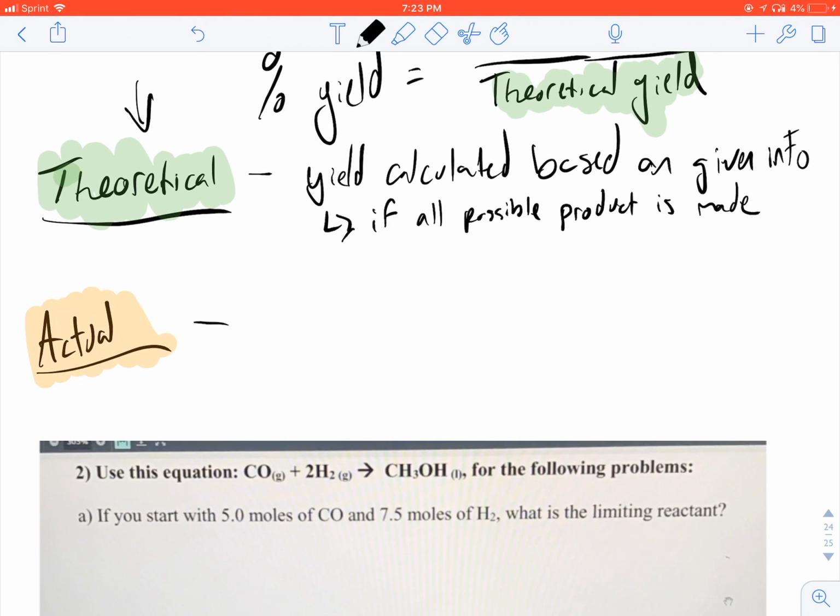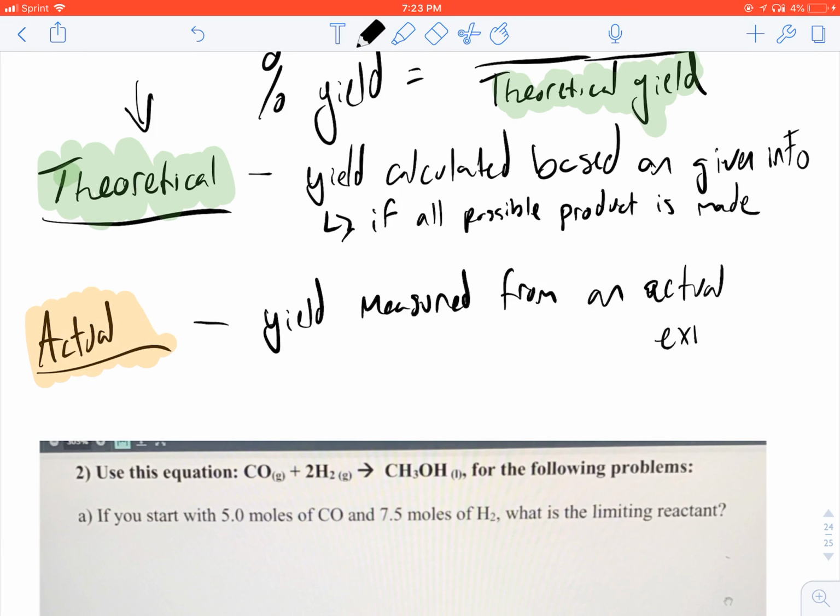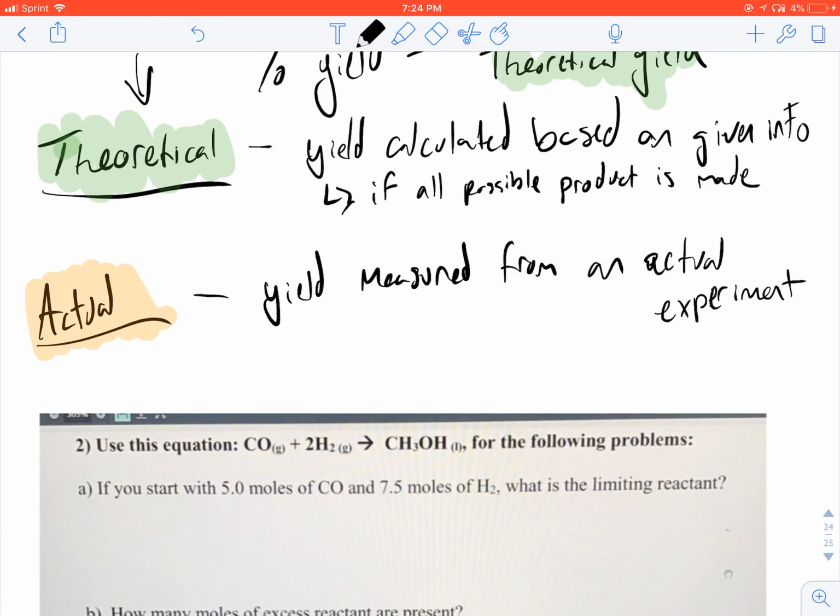That's where you get this actual yield from. The actual yield is the yield measured from an actual experiment. Okay, and this will be given to you in a problem.